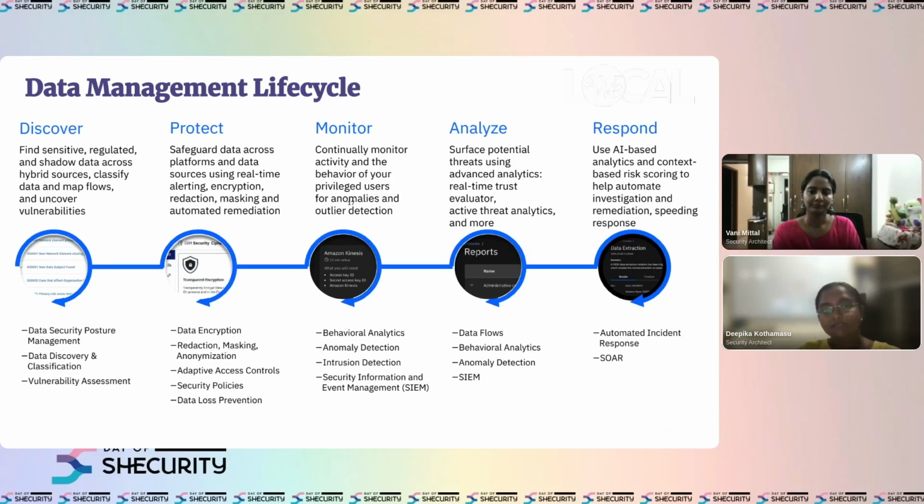This data can be scattered across different platforms, and we classify and monitor every step of this sensitive information meticulously. These 5 stages intersect and overlap with each other, but in the interest of understanding them, we can see them as separate here. Once we gather the data, we apply rigorous protection measures on top of it, like real-time monitoring and encryption, so that we prevent any kind of unauthorized access.